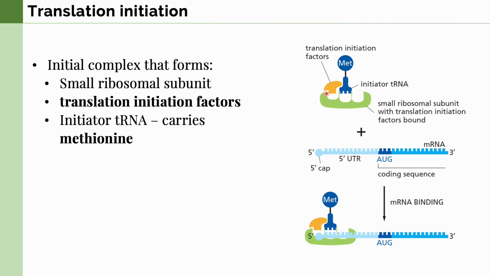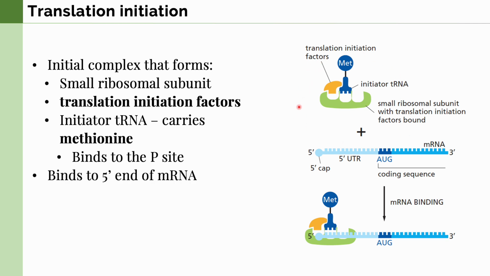This initiator tRNA binds to the P site of our small ribosomal subunit. Together, this complex goes around the cytoplasm and binds to the 5' end of the mRNA. This is why it is very important for the 5' end to have its 5' cap.